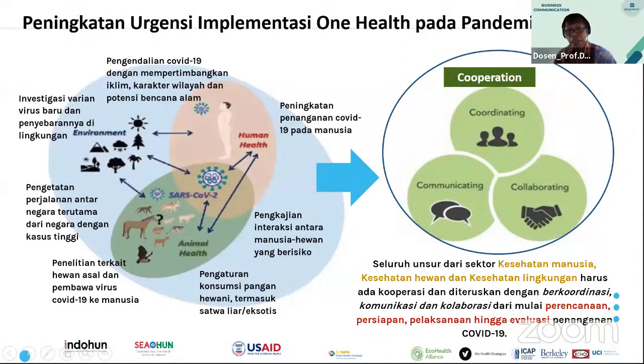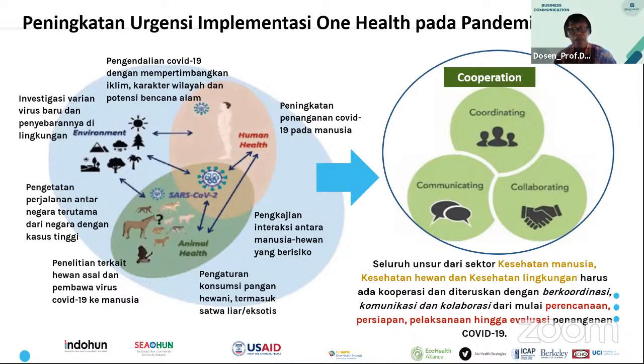So I put just one example of COVID-19. How should we handle COVID-19? We need cooperation. The three points, we call that 3C, but we start from cooperation.